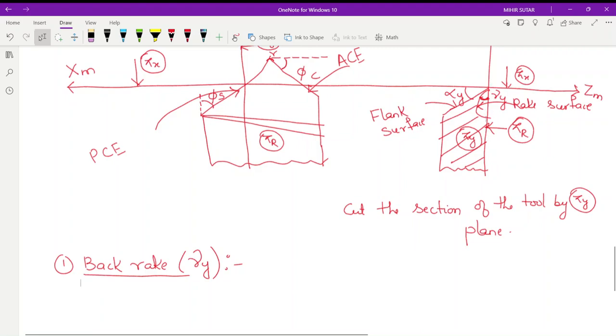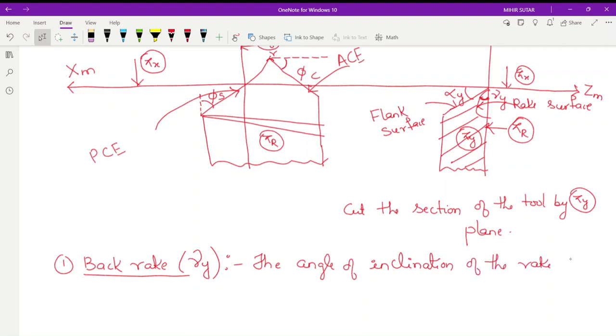It is the angle of inclination of the rake surface of the cutting tool from the reference plane, and it is measured along the pi y plane.